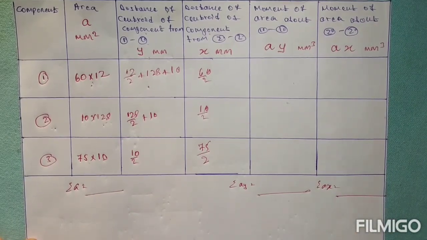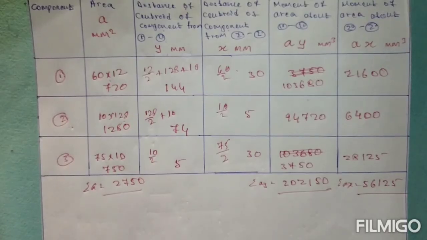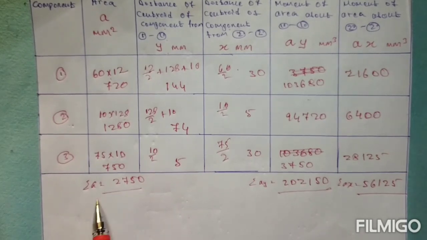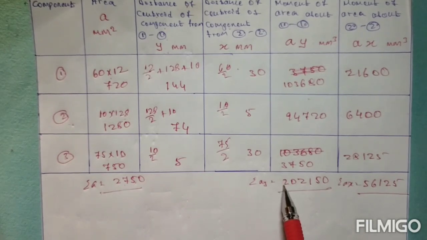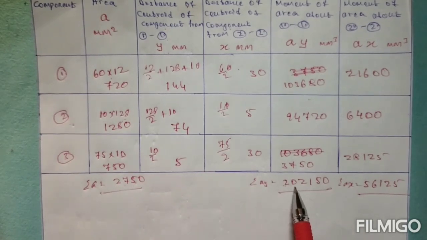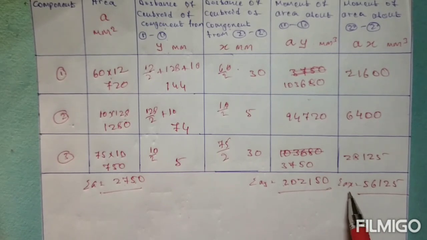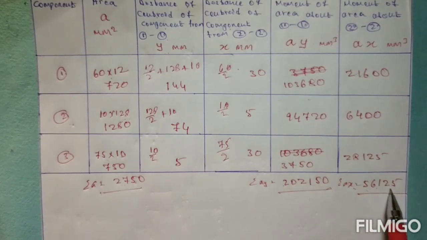I will do the calculations. Yes, now I have done the calculations. You can see here, the summation of all the area is 2750. The summation of all the moment of area along the y axis is 202150, and the moment of area about 2 2, that is the summation of all the area into x, is 56125.